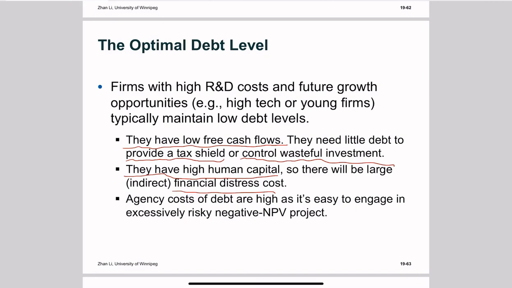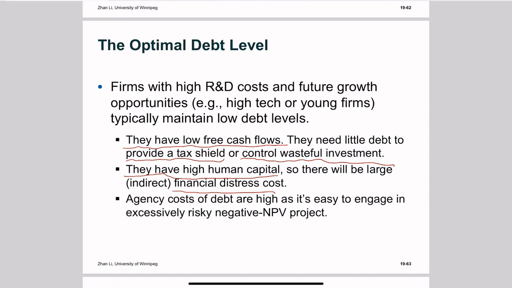And for these people, if the firm is in financial distress, they could just quit their job and move to a different firm. So in this case, you can see that the loss of human capital due to financial distress would be large. So these high-tech or young firms will not want to suffer from this. So they won't want to take a lot of debt.